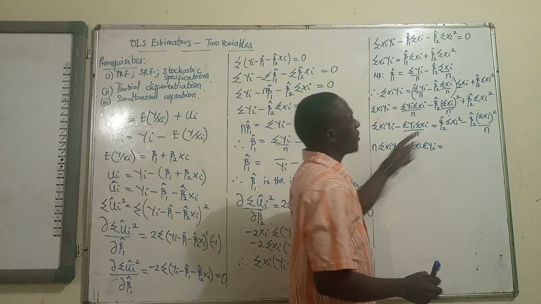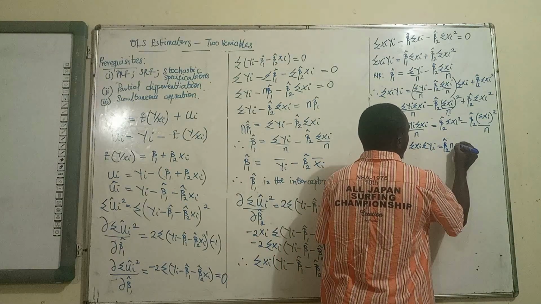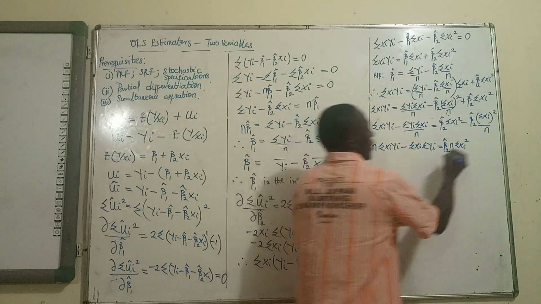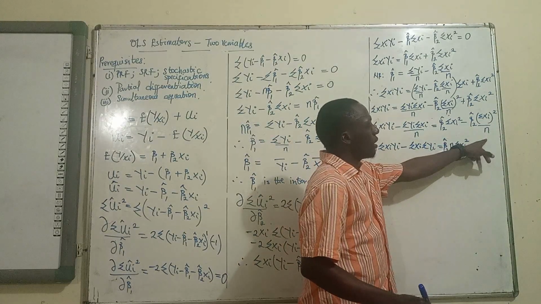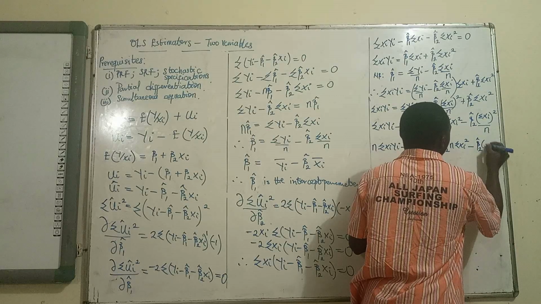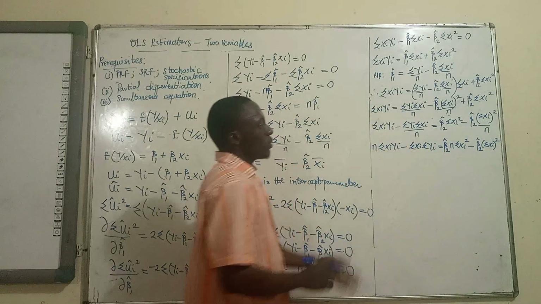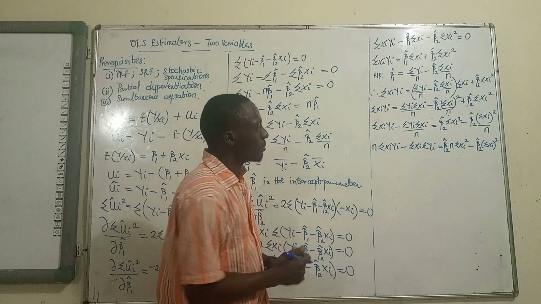When I multiply these two by n, I have beta 2 cap n summation xi squared minus, when I multiply this by n, the n here cancels the n at the denominator, and I have beta 2 cap summation xi all squared alone. So we got this by just multiplying through by n, term by term.